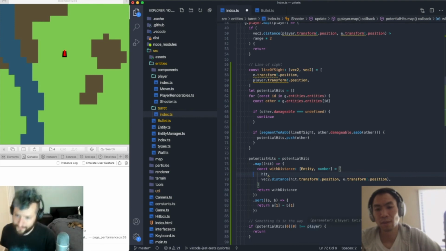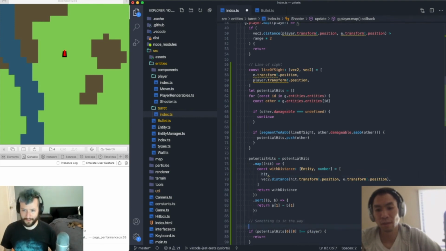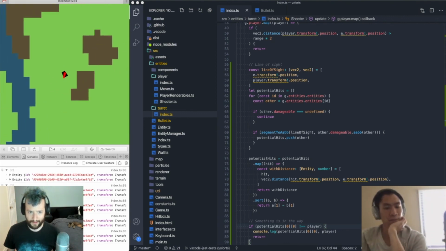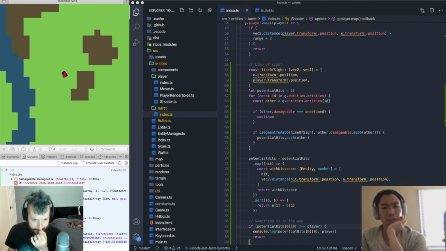Let's console.log potential hits 0, 0, player. I assume this check is actually happening every time. So we get 2 different entity IDs.